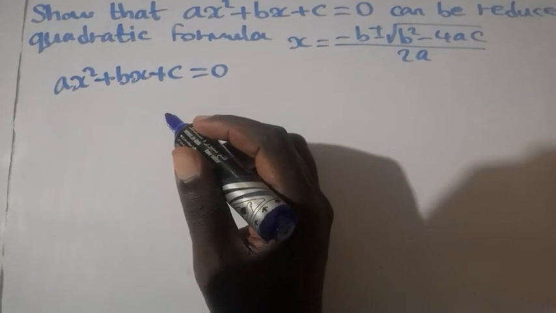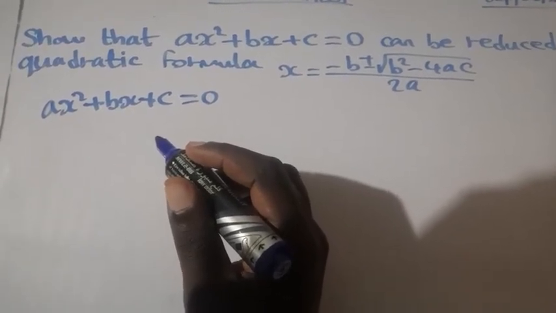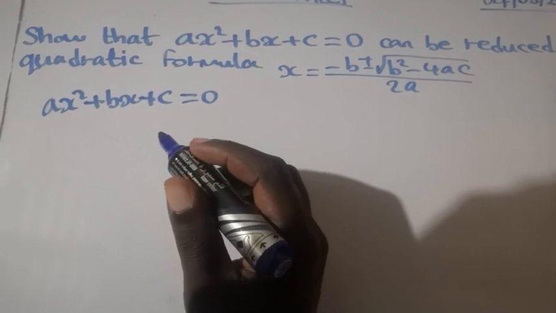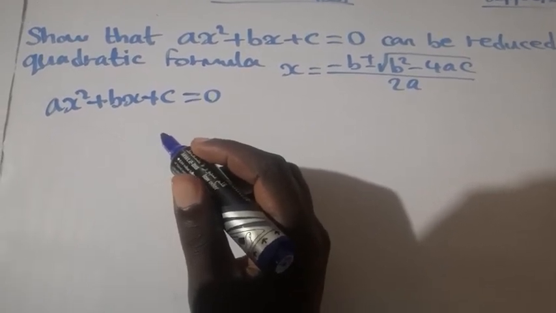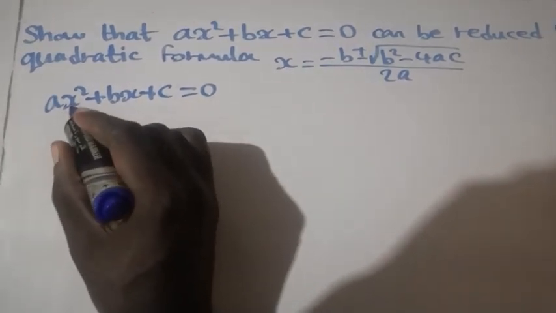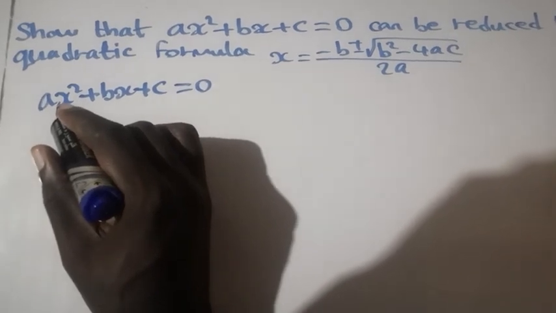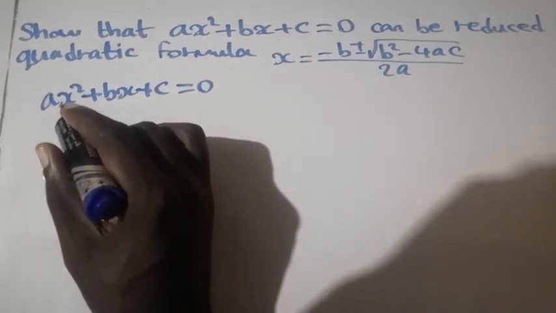For us to find the quadratic formula, we have to apply the completing the square method. When you are using this method, you have to make sure that the coefficient of x squared is 1, not more than 1.